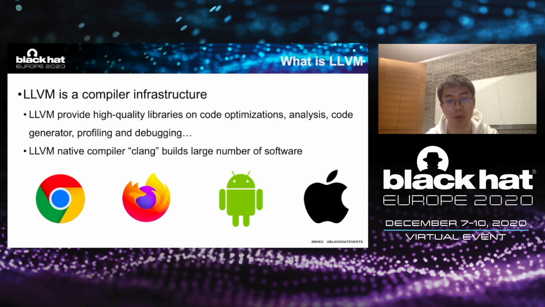Most of us may be more familiar with its sub-project products, such as Clang, the LLVM native compiler. It builds a large number of products, including Chromium, Firefox, Android Framework, and the iOS kernel.